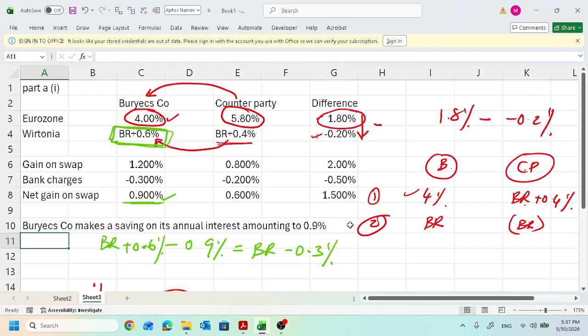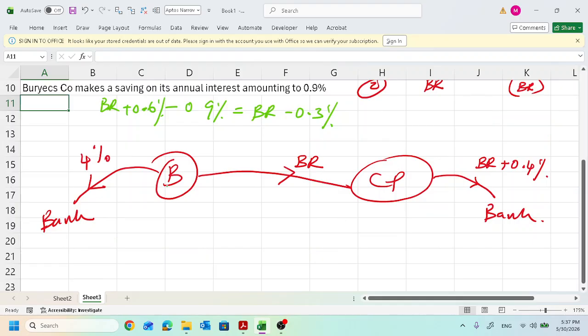Now go back to the diagram and see, currently the B company is paying BR here and paying 4% here. As at now, they have BR plus 4. But I want BR minus 0.3. How can this be achieved? CP, counterparty, will give them 4.3. Where did I get 4.3 from?